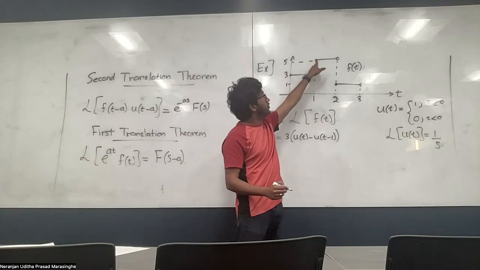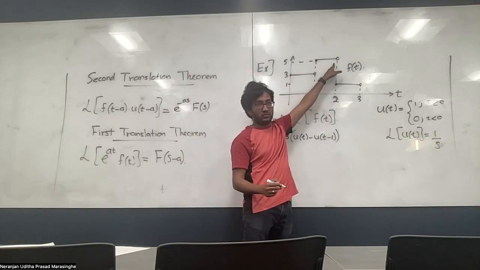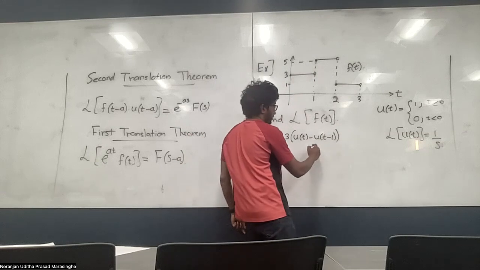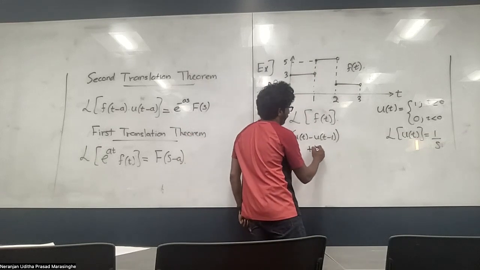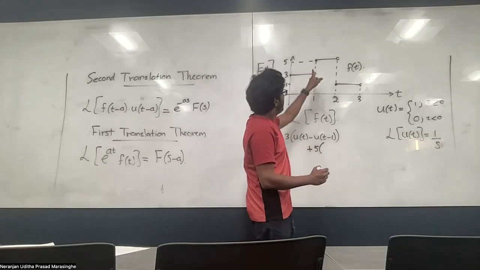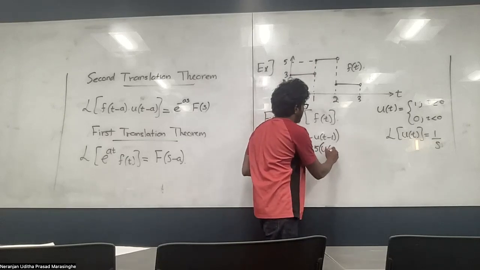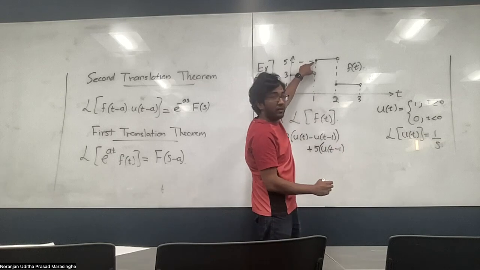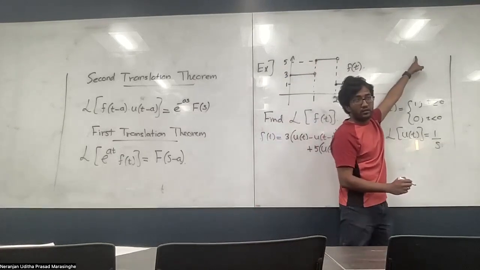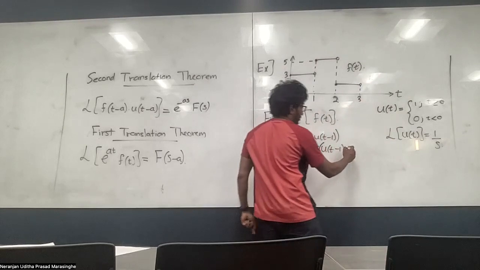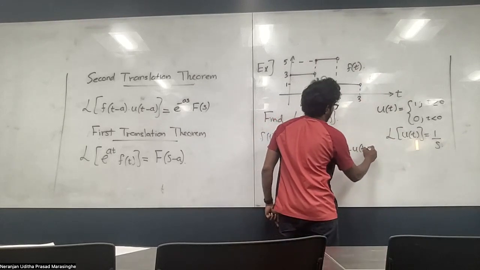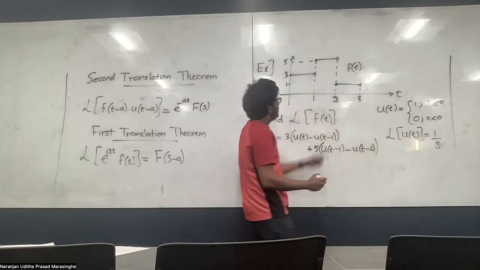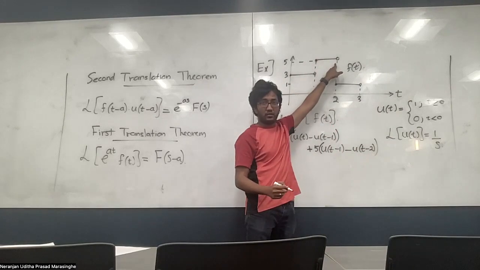Then how would you get this line segment? That is plus 5 times, and what is u(t minus 1)? It starts at 1 and goes to infinity, right? So if I subtract u(t minus 2) from u(t minus 1), I would get this line segment.